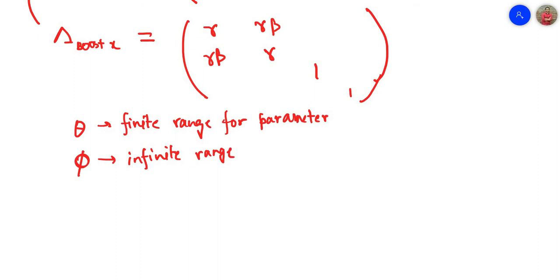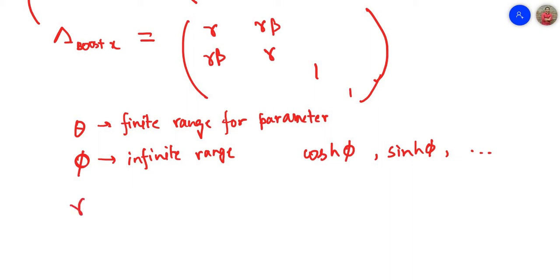And so the best candidate to represent the entries by a function is to use the hyperbolic trigonometric functions, which we write as cosh phi, or cosine hyperbolic phi, and sinh phi, or sine hyperbolic phi, and so on.